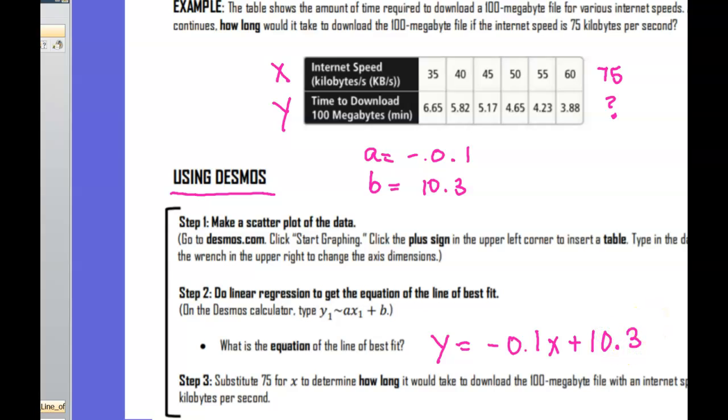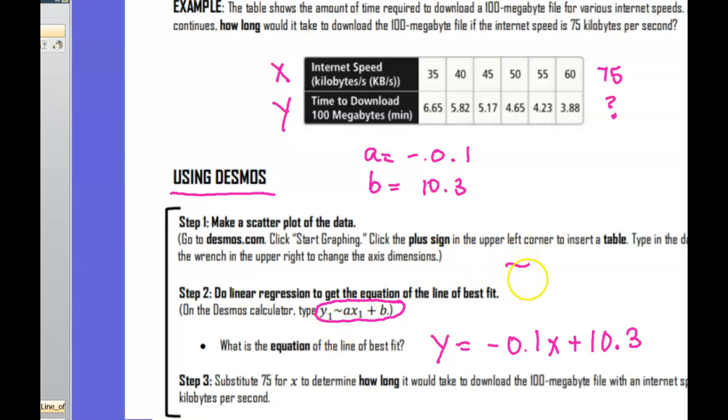There's our equation. Just so you know, on the Desmos calculator, this is what you typed on that second line after you entered the table: Y1, then the tilde, AX1 plus B. Right here where it says the tilde, you're going to click the tilde. Let's put a little note here.